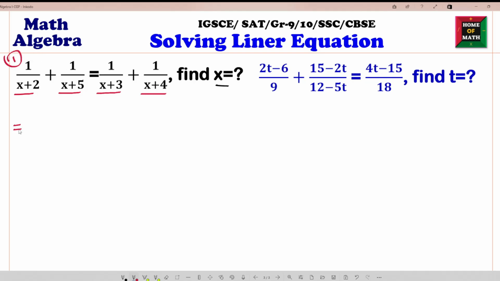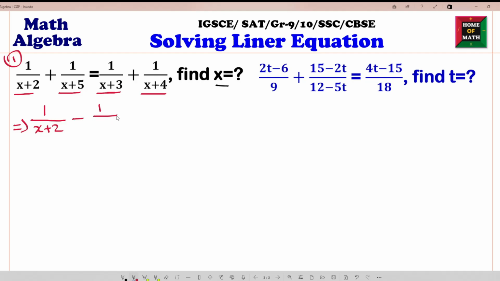So this one we have to transfer some equation right side to left side. So here is first 1 divide x plus 2, and this one x plus 3 will transfer right side to left side.